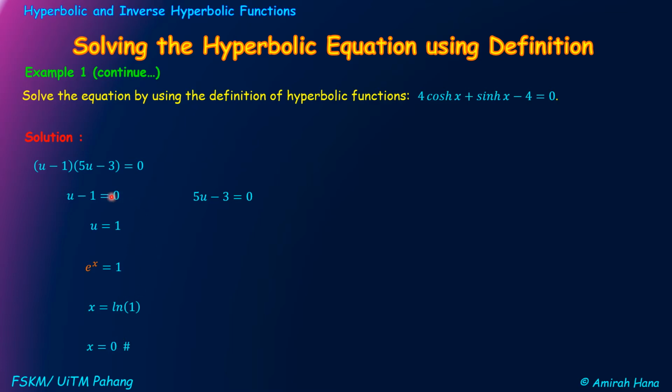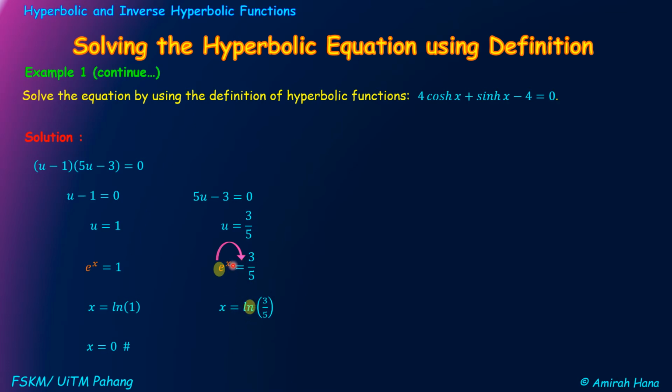And then the second factor, when we equate to 0, we have u equals 3 over 5. From the previous slide, our u equals e to the power of x, which equals 3 over 5. Using the same technique, when we want to find the value of x, which is an exponent, we need to move base e to the right hand side, and we will get ln.